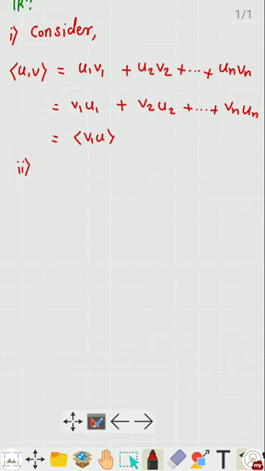The second property says that, consider this notation: the inner product of u plus v with w.